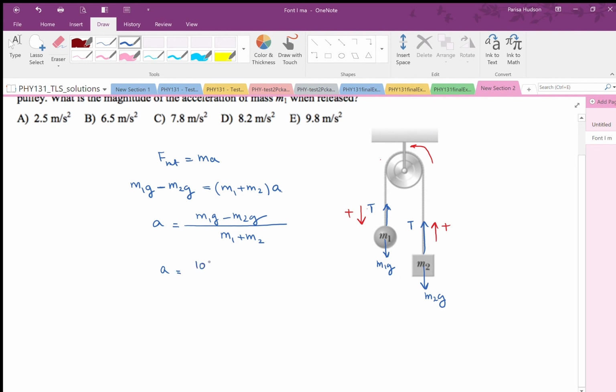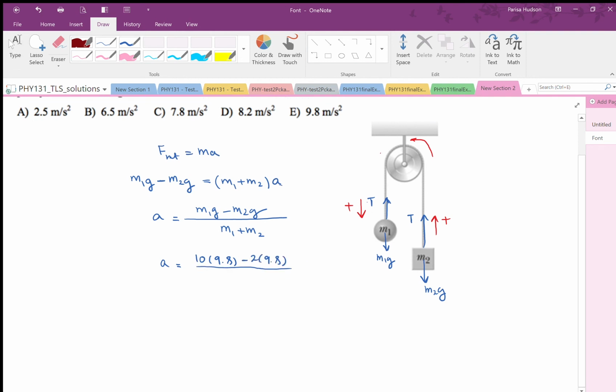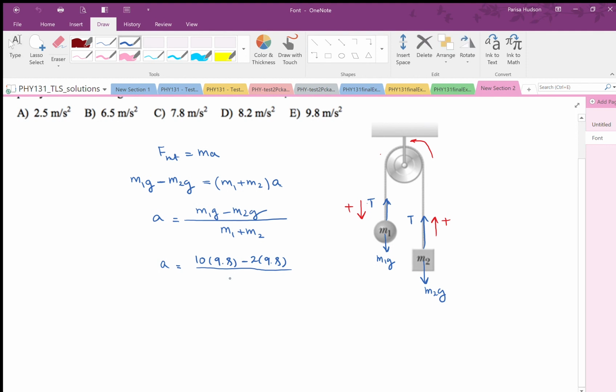So I have 10 times 9.8 minus 2 times 9.8, where 10 and 2 are the values for the masses, divided by m1 plus m2, which is 10 plus 2. If you do the math using your calculator, you're going to end up getting 6.5 meters per second squared.